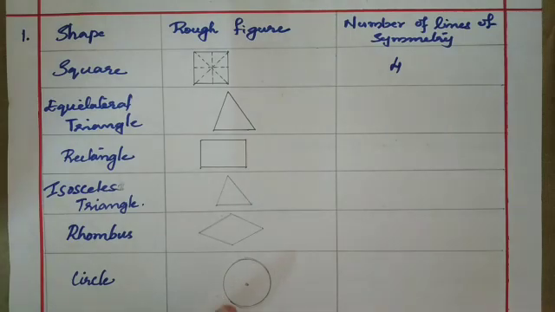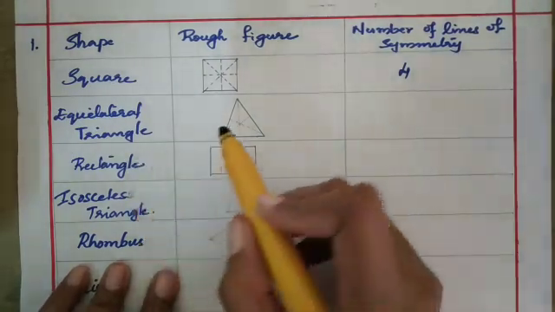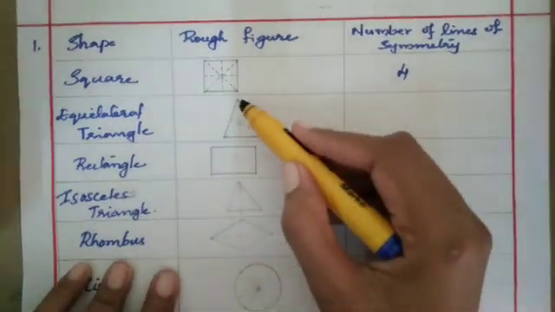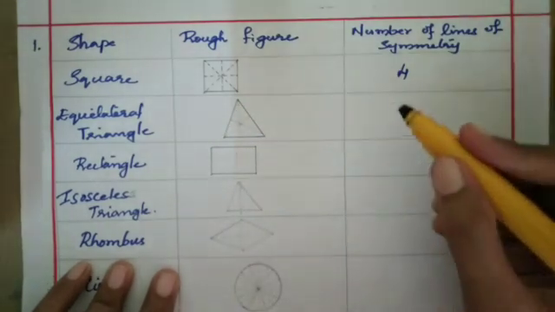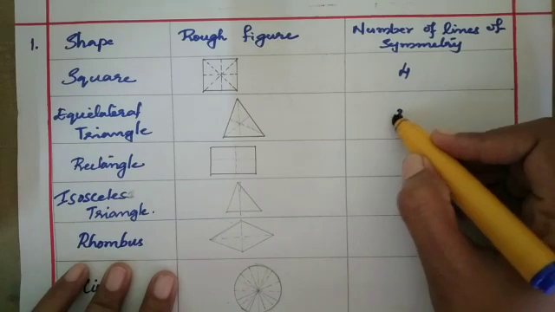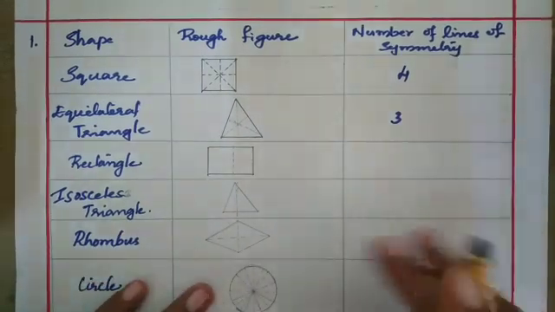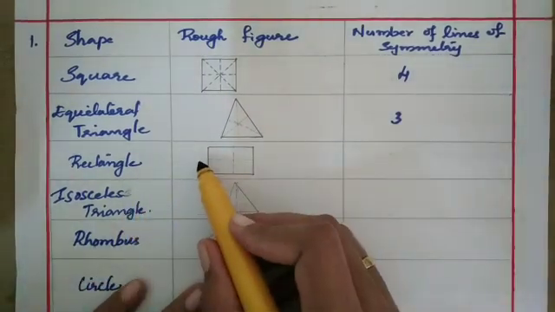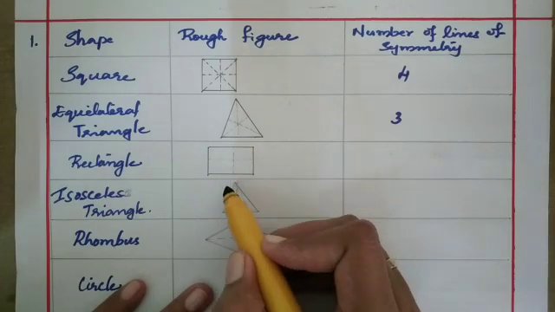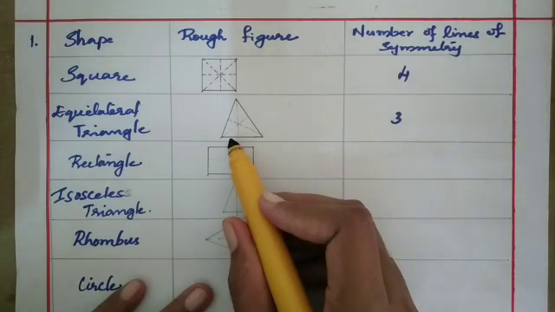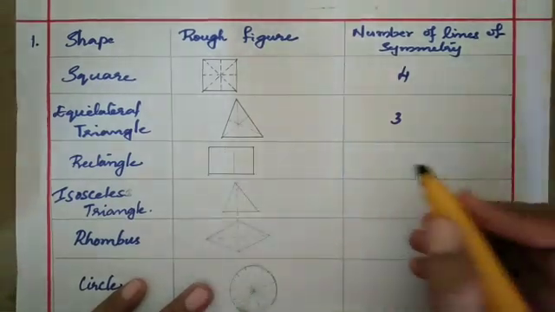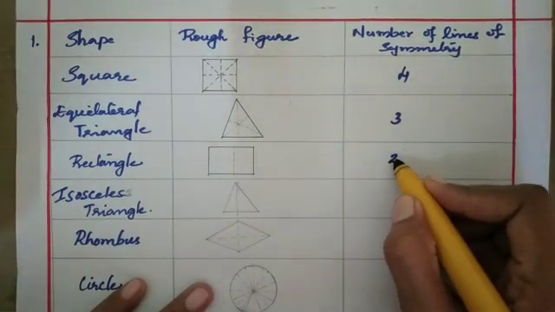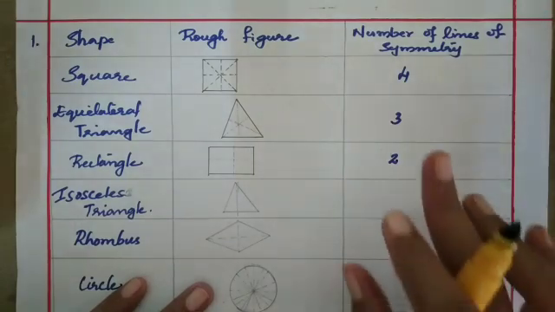Then the next figure is an equilateral triangle. How many lines? 1, 2 and 3. Three lines of symmetry. Then the rectangle: you have to draw two, one horizontal and one vertical. Here opposite sides are equal. So two lines of symmetry.